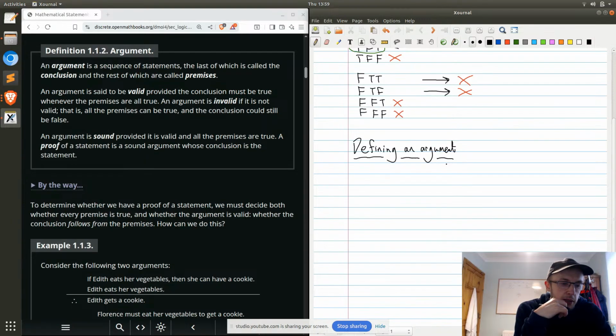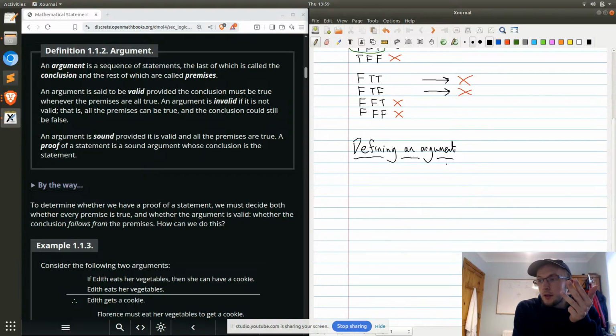Okay, so for example, if I say, all men are elephants, that's premise one. Premise two is elephants can walk on water. And then premise three is I am a man. My conclusion is that I can walk on water.